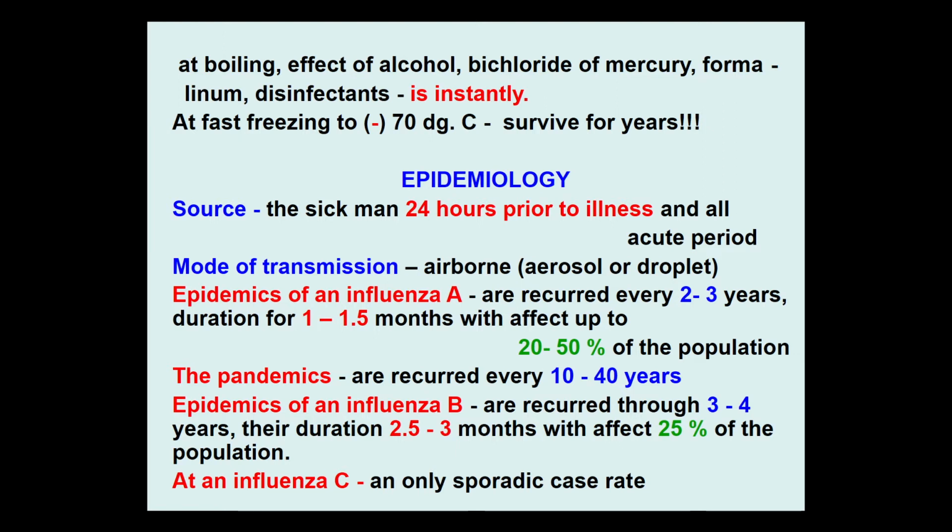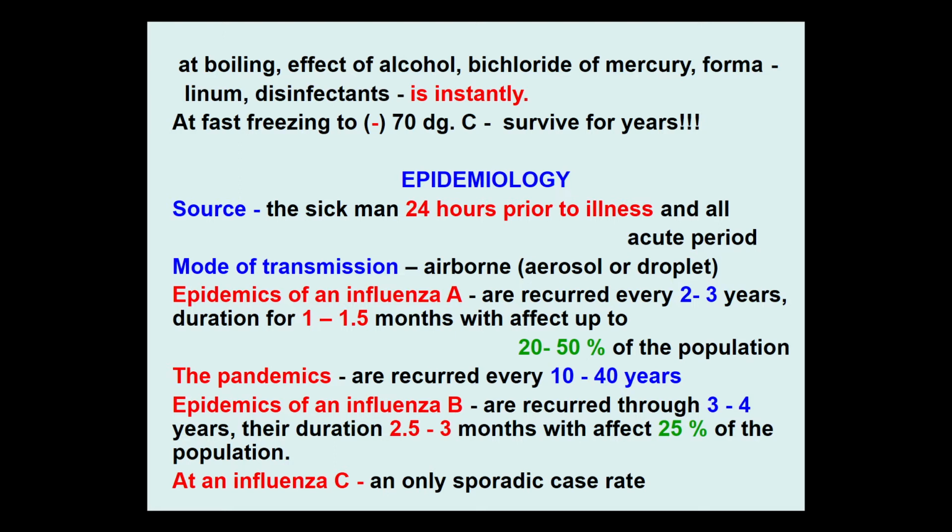Epidemiology. Source: a sick person 20 hours prior to illness and throughout the acute period. Mode of transmission: airborne, aerosol or droplet. Epidemics of influenza A are recorded every 2-3 years, with a duration of 1.5 months and an effect on up to 50% of the population. The pandemics recur every 10-40 years.